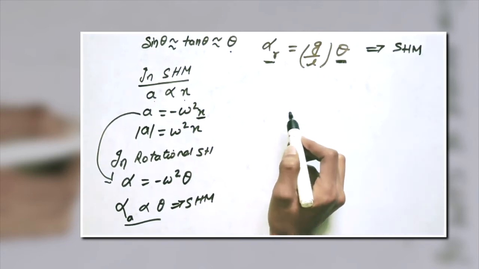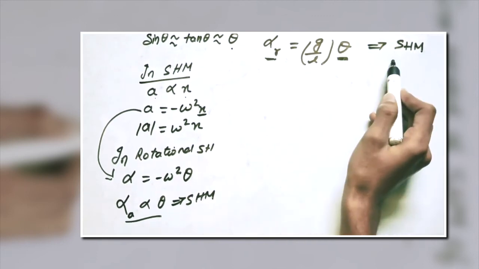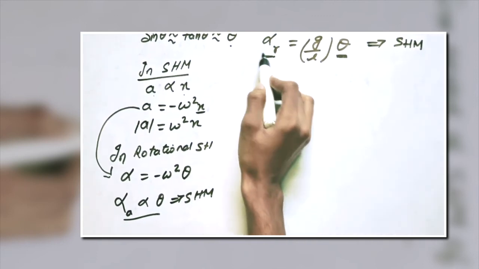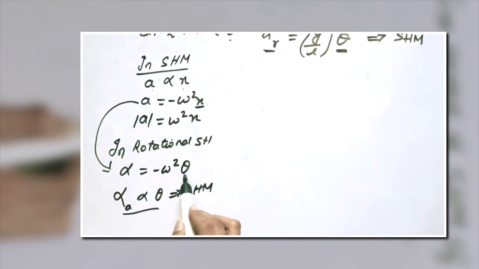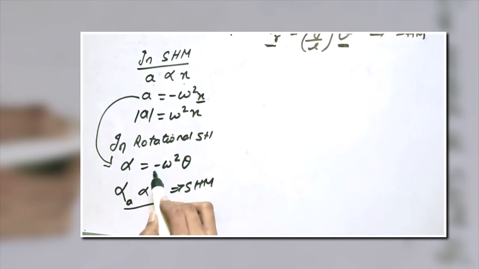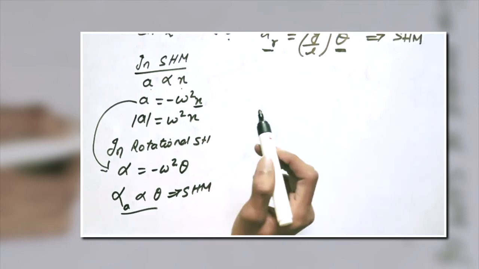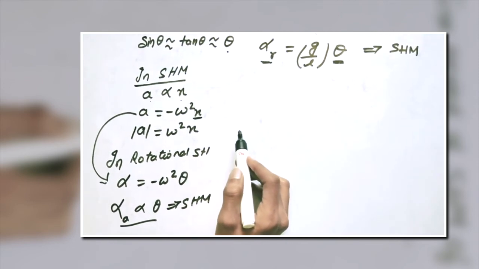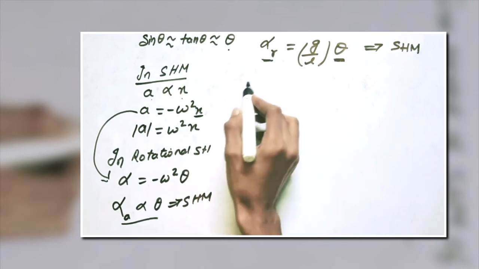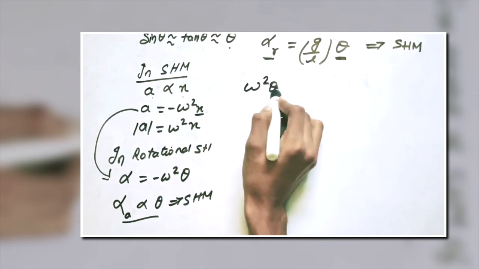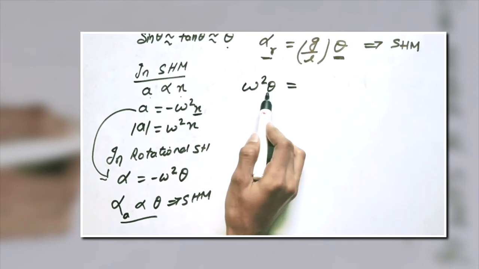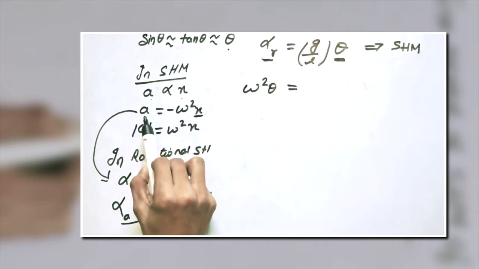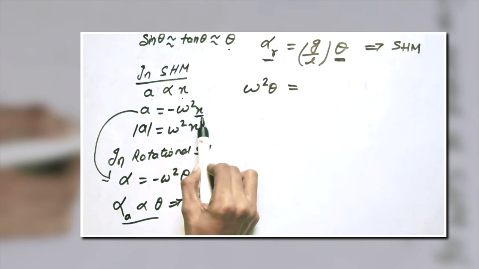Now, as we have related it to SHM, we can replace this alpha r with minus omega square theta. We will not put the minus because we are taking its magnitude only; we are not concerned about direction now. So we'll put it as omega square theta. I hope you understood how this omega square theta came, because in simple SHM you were aware of acceleration is equal to minus omega square x.